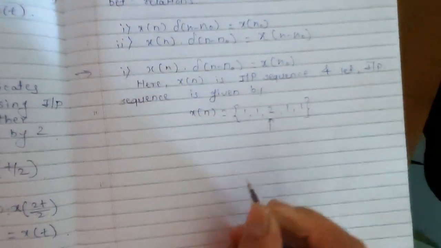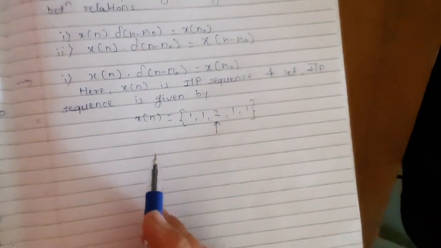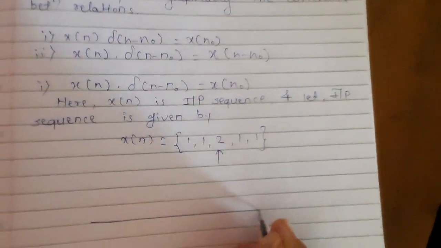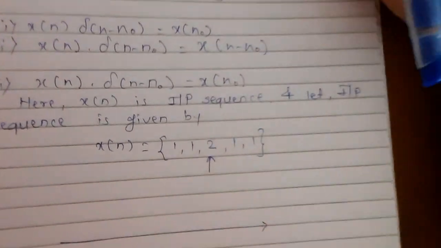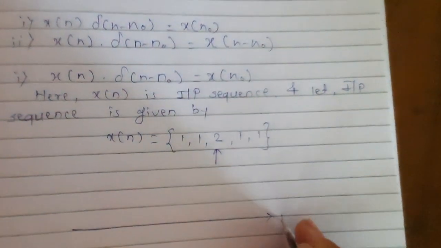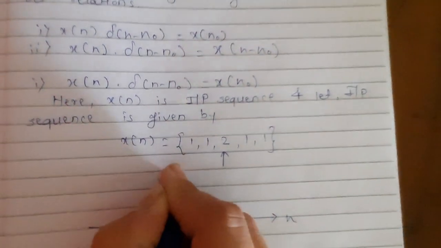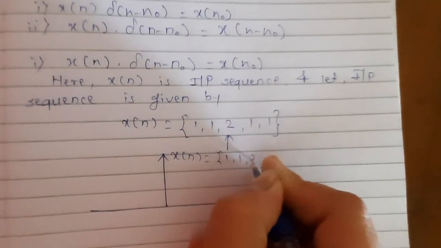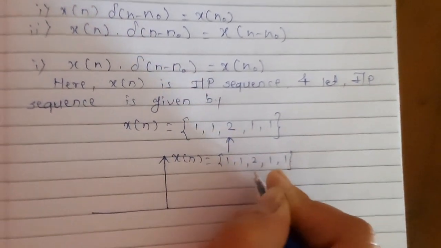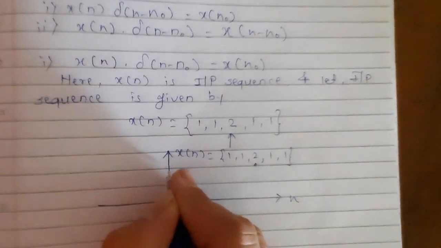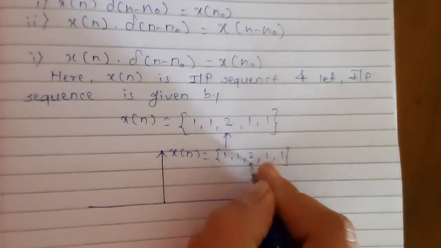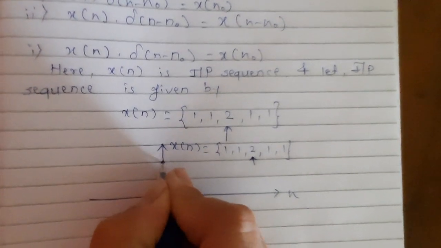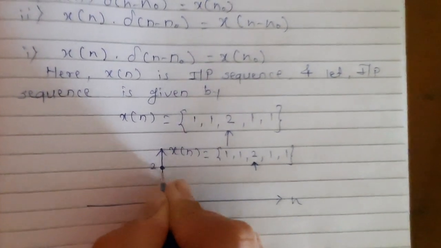So we draw the diagram for this. Here n, and this one is x of n, that is equal to 1 1 2 1 1. This arrow denotes x of 0, so for x of 0 the value is 2.